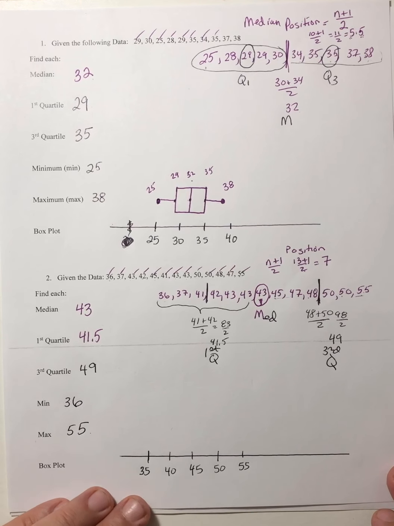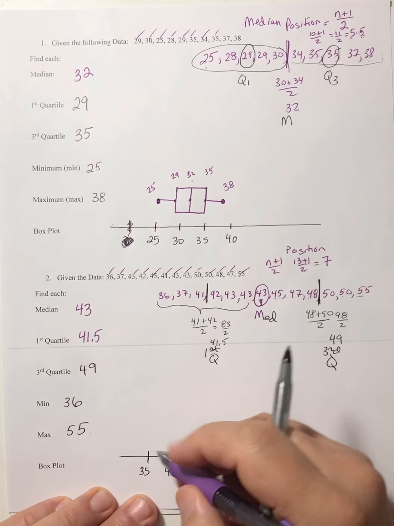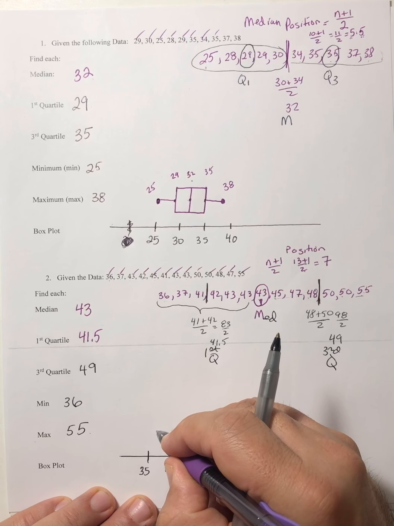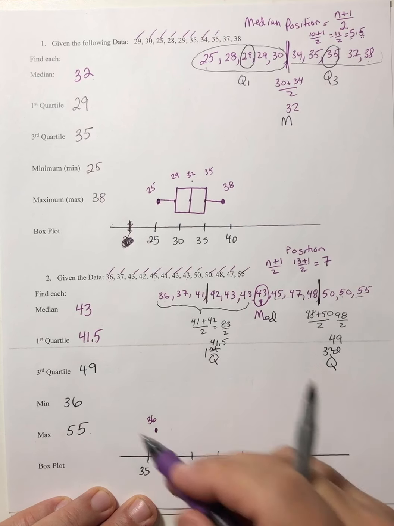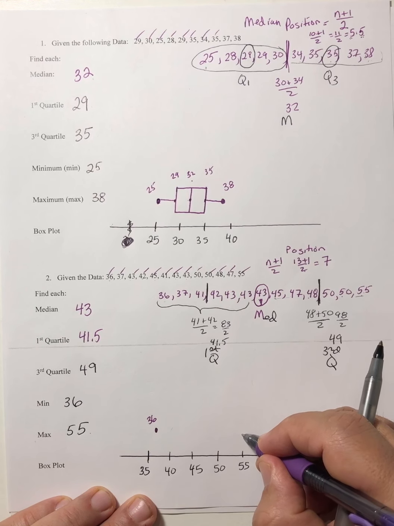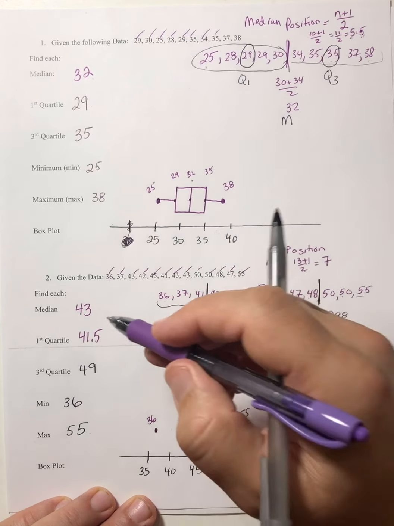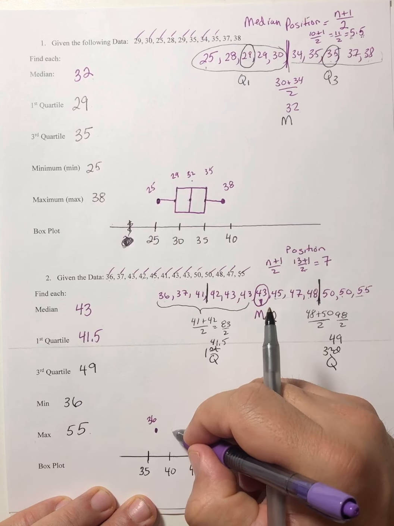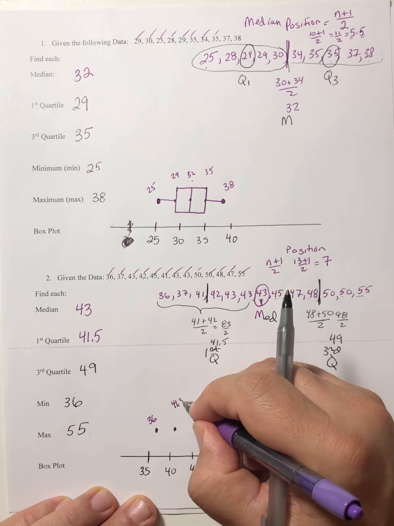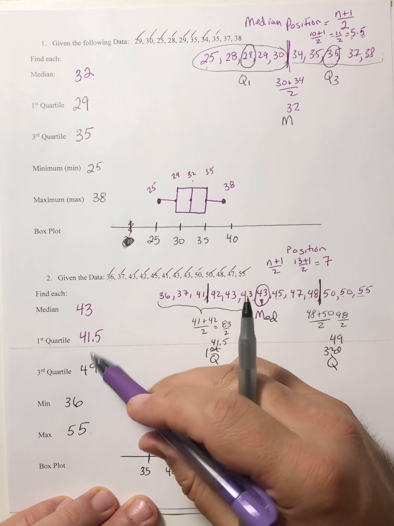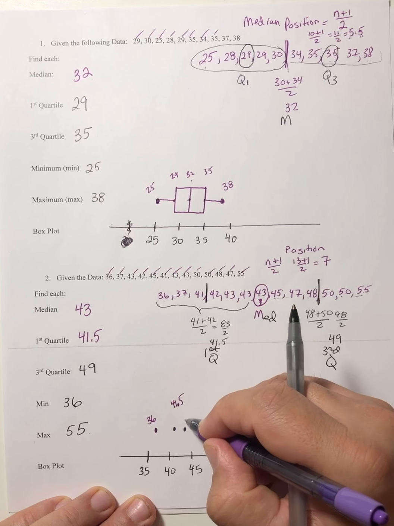Now I just got to start putting my dots, so then we can draw our box. So our min is 36, so 36 is right here. Our max is 55. Let's see, 41.5, so 41.5 looks about there. Median is 43, so 43 looks about there.